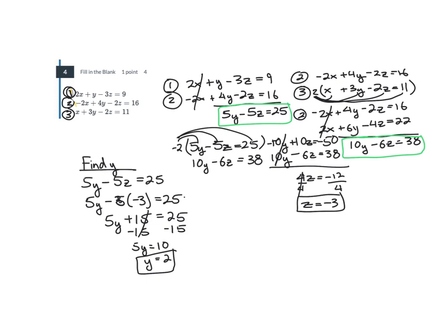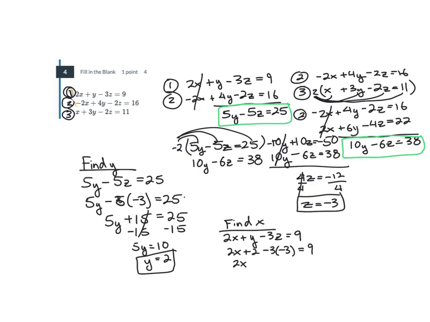All right, so now I have two solutions. Now I can pick one of my original equations to find x. So I'm going to pick equation 1. And then I'm going to substitute y is 2, so 2x plus 2 minus 3 times negative 3 is equal to 9.